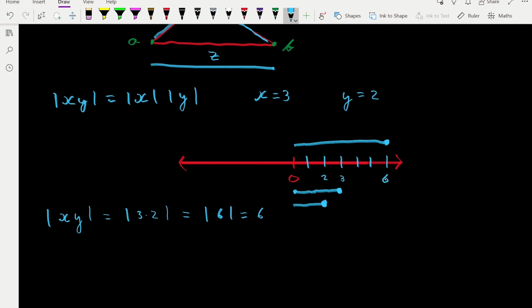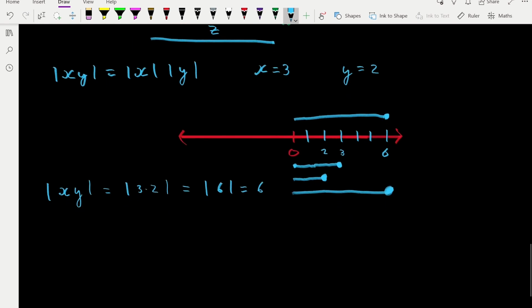So you could first multiply them together and then find out the distance from 0, or you could find out their distances from 0 first and then multiply them together, and you'd get the same length.